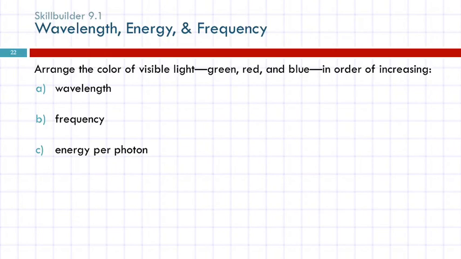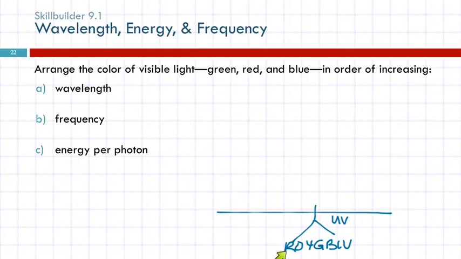So this is what I do. I'd make a line here. And so I've got visible light in here. And that's going to go ROY G. BIV. And then here's violet. So next to violet must be ultraviolet. And on the other side of red is infrared, also called IR.